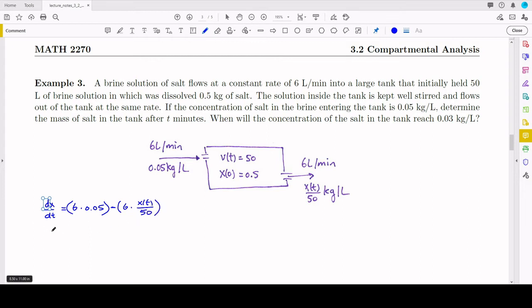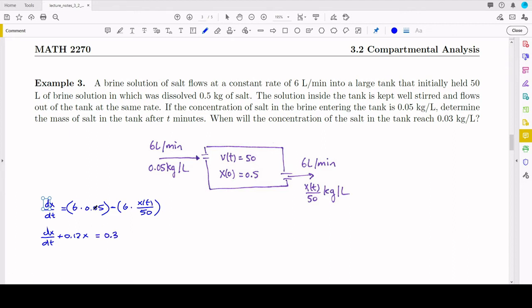Okay, and if we simplify that a little bit, let me bring this to the other side. 6 over 50 is 0.12, so I have dx/dt plus 0.12x equals 0.3.